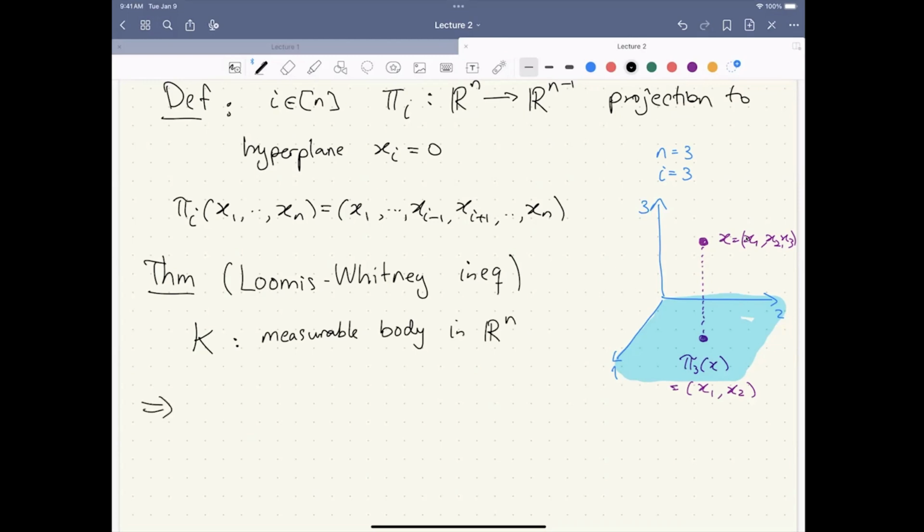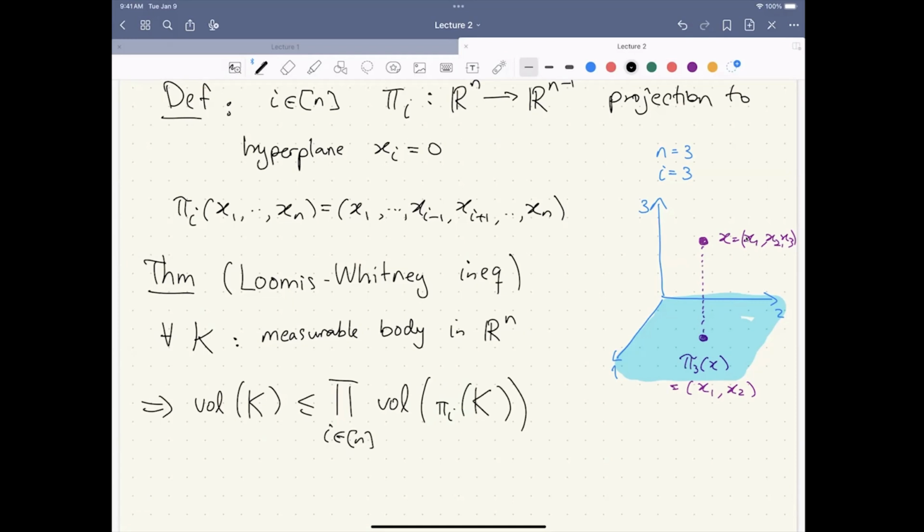Then the volume of K is at most the product over the projection onto each hyperplane of the volume of them, pi_i of K, but I need to raise to the power 1 over n minus 1.